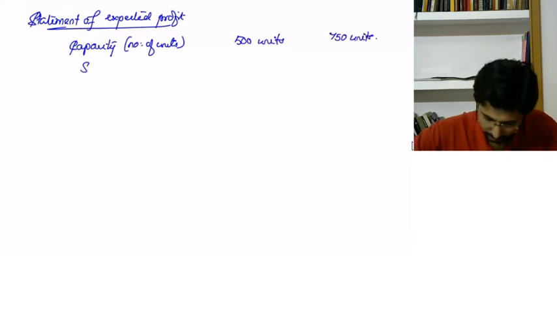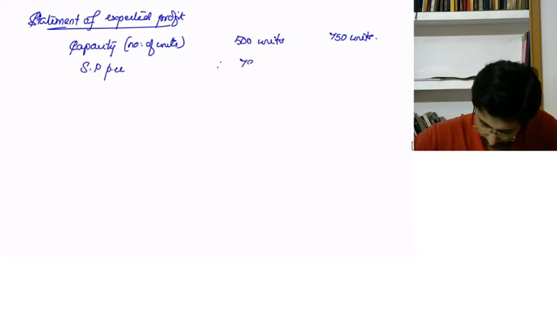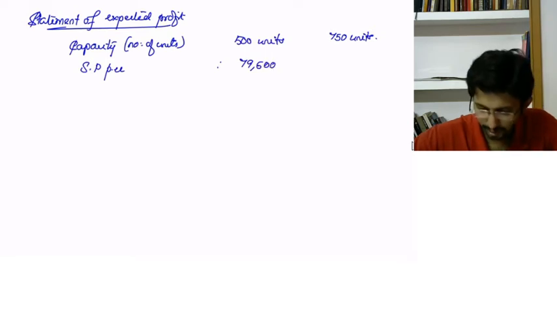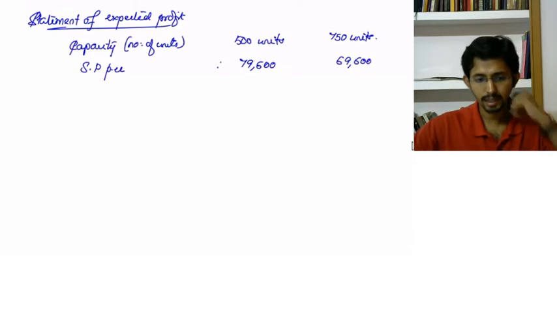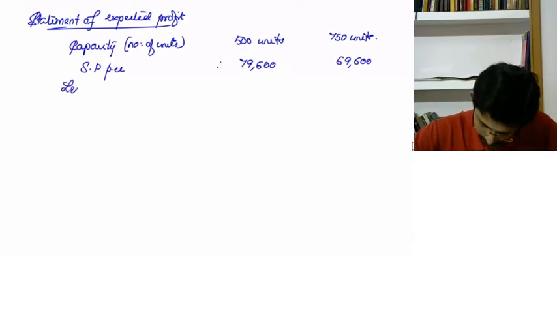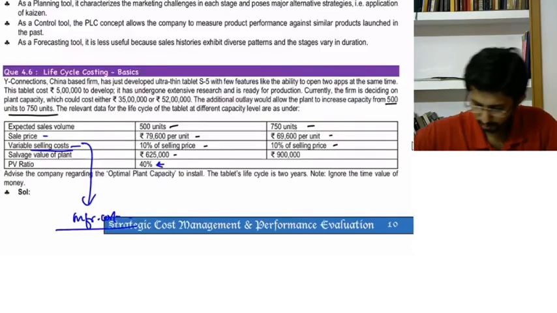Selling price per unit will be 79,600 and 69,600. Okay, less variable cost per unit. What is variable cost per unit?